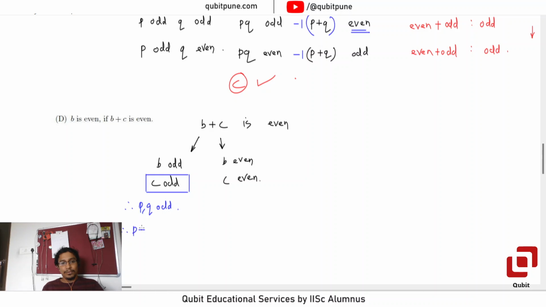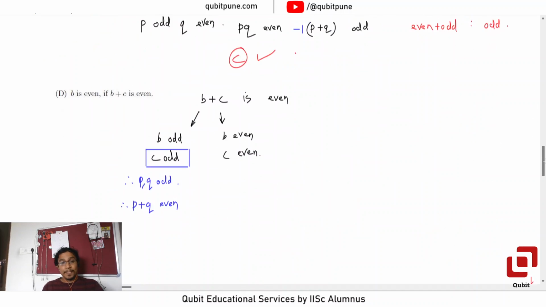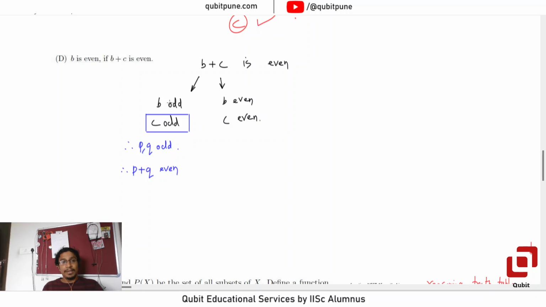Therefore P plus Q will be even, है ना? Odd plus odd is even. Oh sorry, यहाँ पे option D लिखना चाहिए था, sorry. Odd plus odd is even, but what is the claim that we have made? But B is odd, so this possibility doesn't exist.